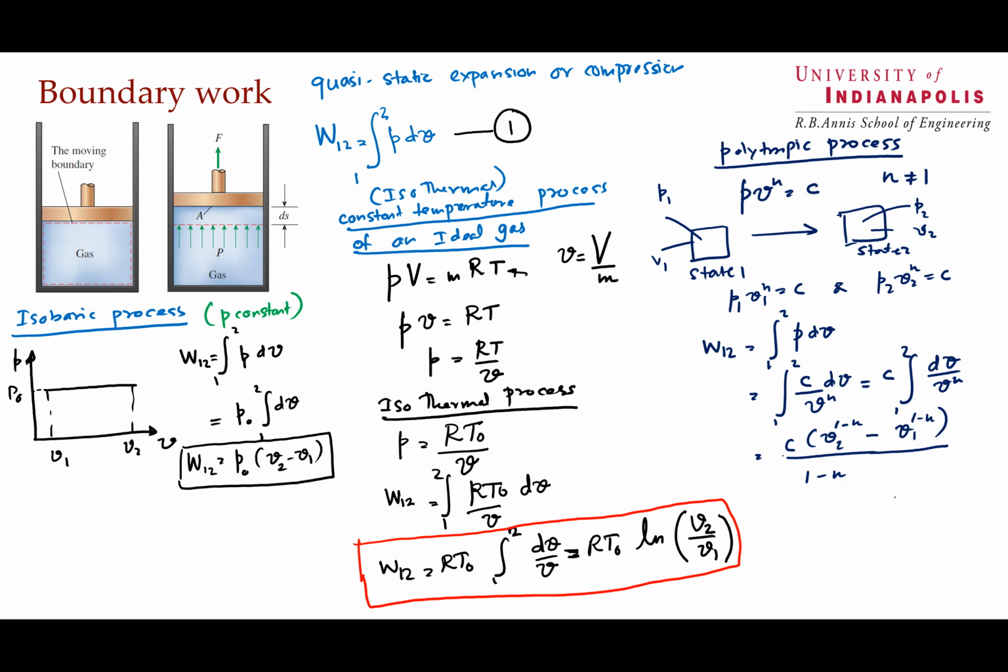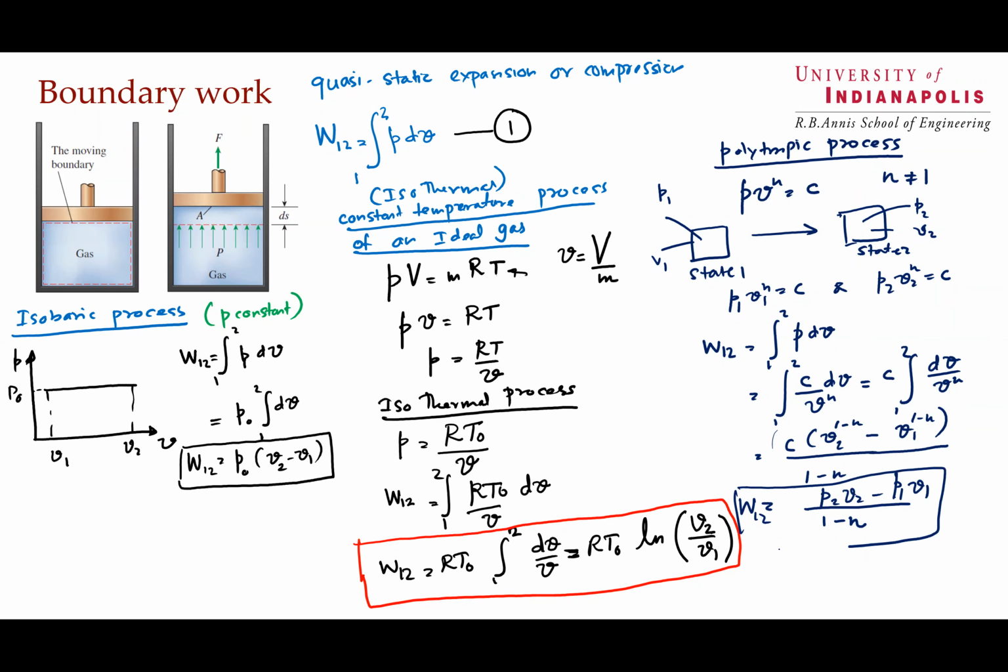And instead of C, you can substitute P2 V2^n in the first term and P1 V1^n in the second term, and using exponent rules, I can get 1 over 1 minus n, and then P2 V2 minus P1 V1. So we're going to end up with this W12, right?